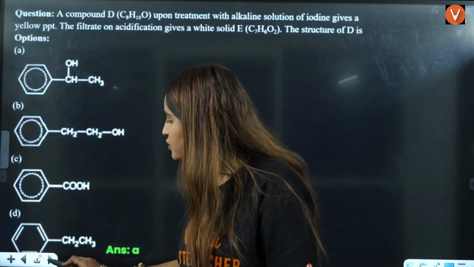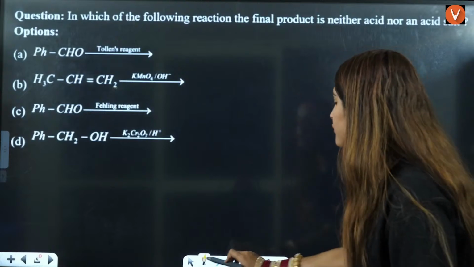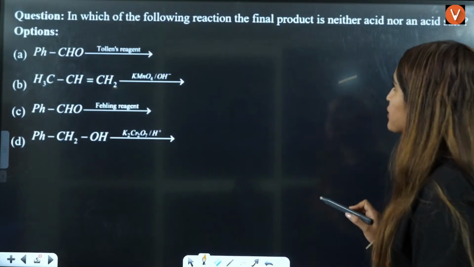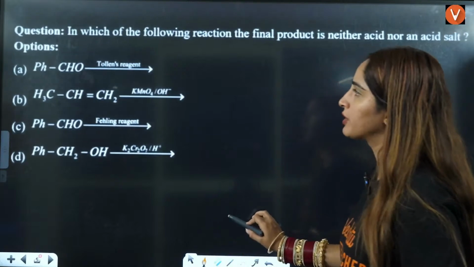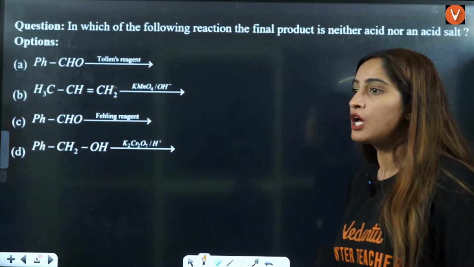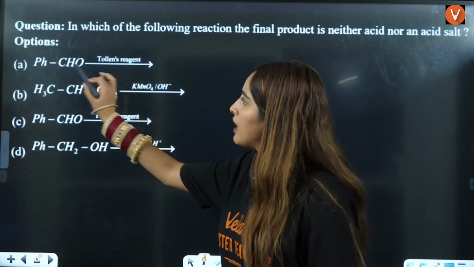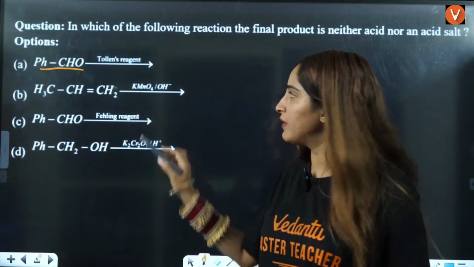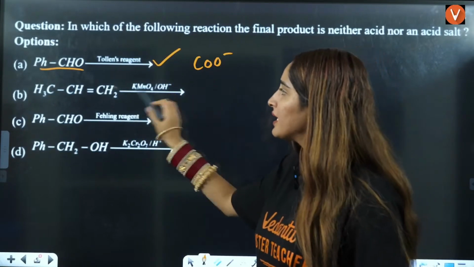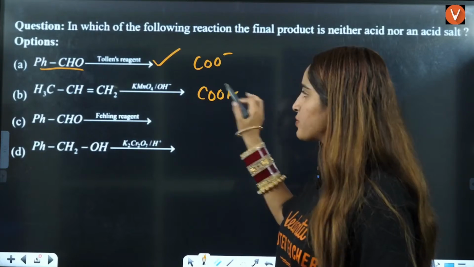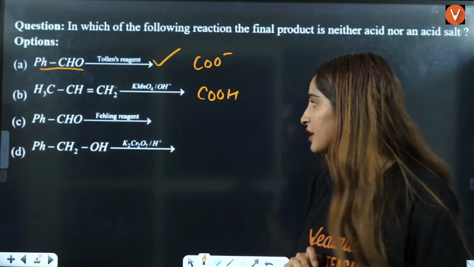Next, students, in which of the following reactions is the final product neither an acid nor a salt? If you see this here, an aromatic hydrocarbon will give the toluene test, so it will get converted to COO negative. Here it is going to convert it into COOH because it's a very strong oxidizing agent.